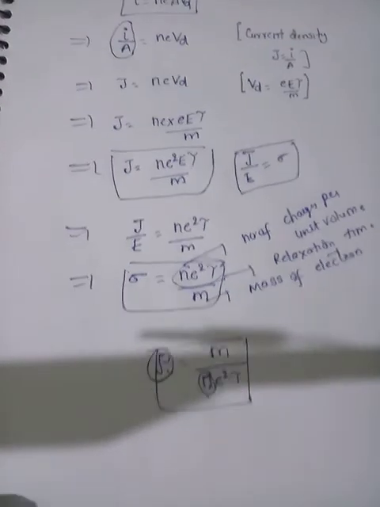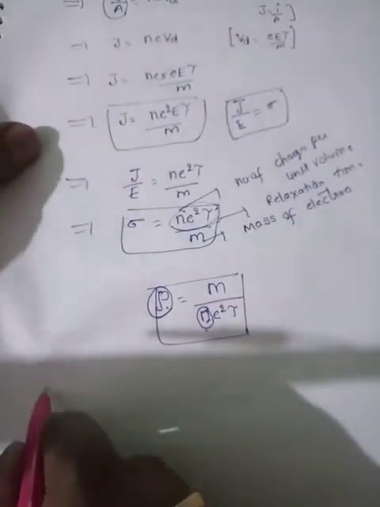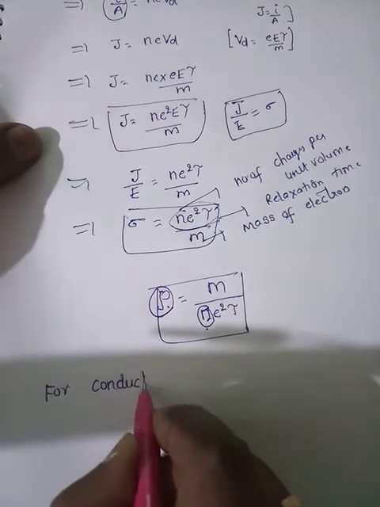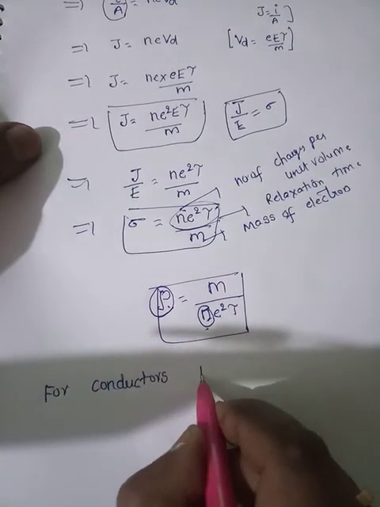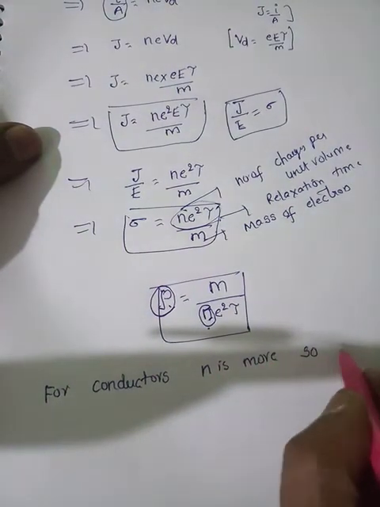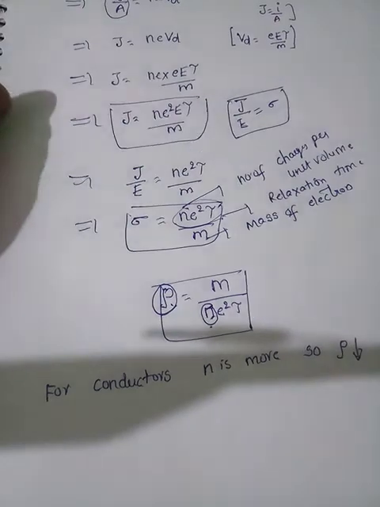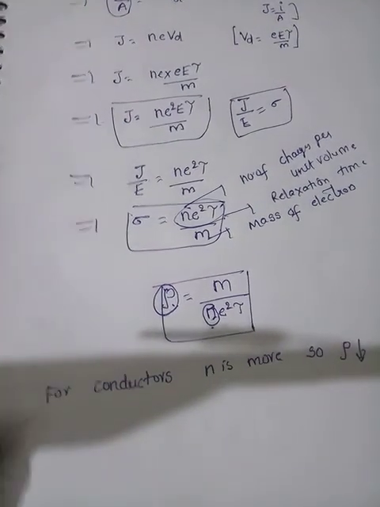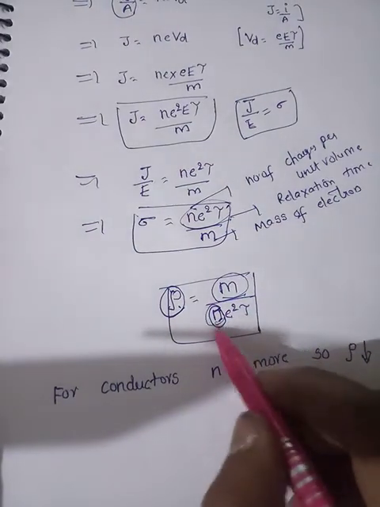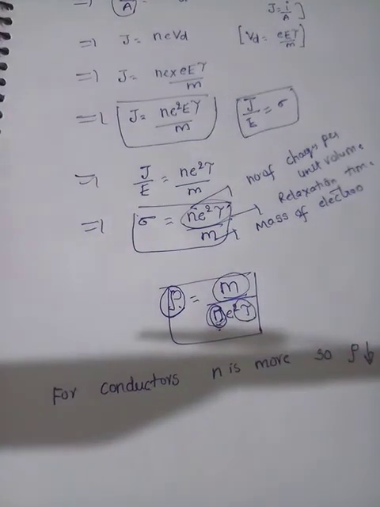So for conductors n is more, so resistivity is less. Proved? Yes, that is the expression for conductivity, and you have observed that here it depends completely on n and tau, it depends on nature of the medium.